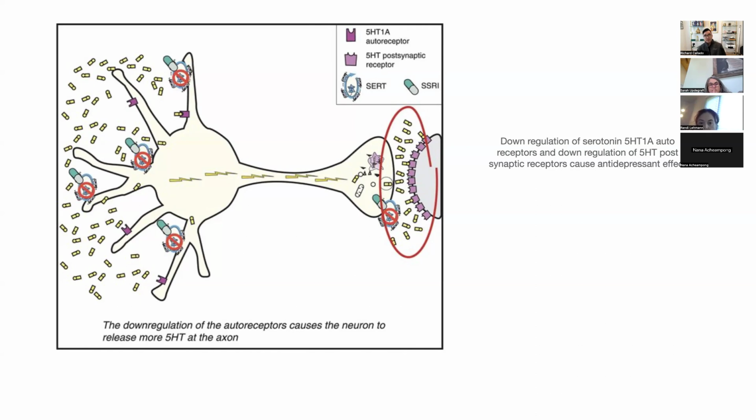Okay. It has to do with downregulation of the serotonin receptors, all right? So when they do postmortem studies of depressed patients, there was one thing that they found, right? That a lot of patients who had depression, who died from suicide, actually had more receptors than they had neurotransmitters, all right? So that made people infer that maybe one of the causes of depression could be these upregulated receptors.